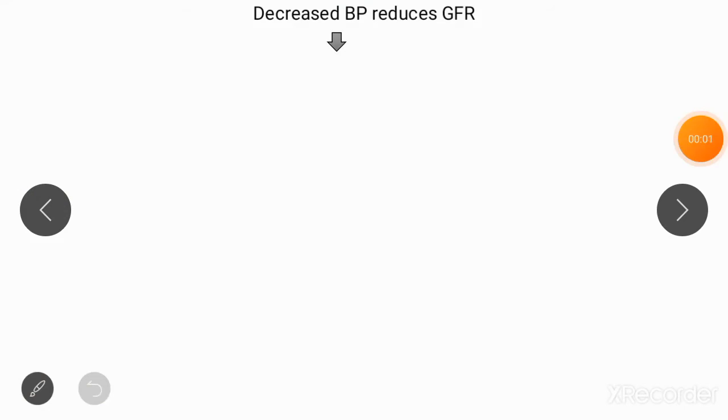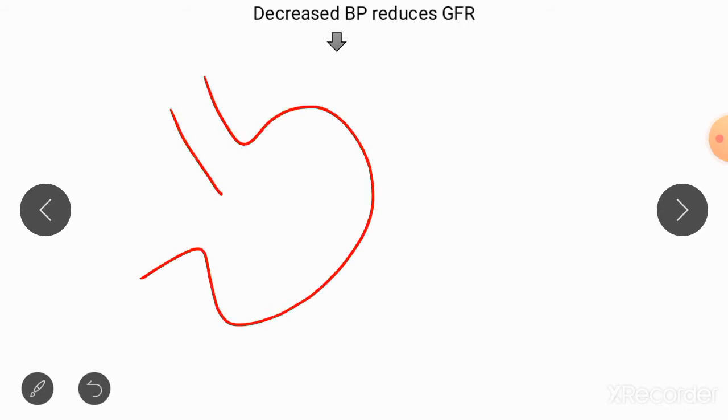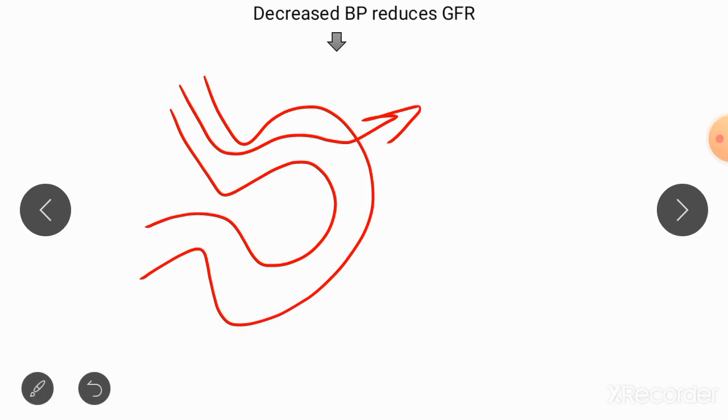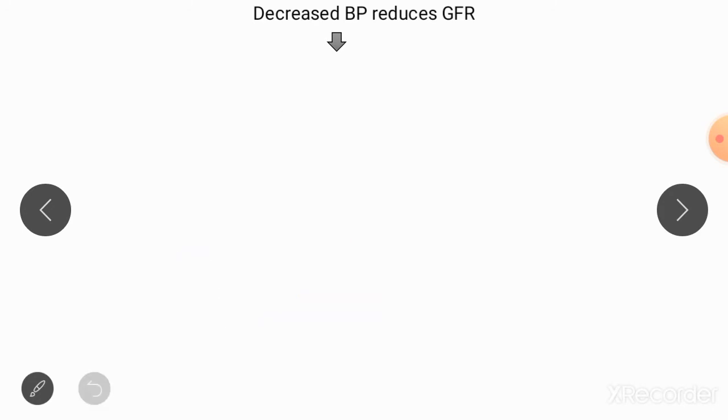Whenever there is decreased blood pressure, the GFR is also going to be reduced. It is very simple. The blood coming to the glomerular capillaries through the efferent arteriole will have decreased hydrostatic pressure, and whenever glomerular capillary hydrostatic pressure is reduced, the GFR is also reduced.